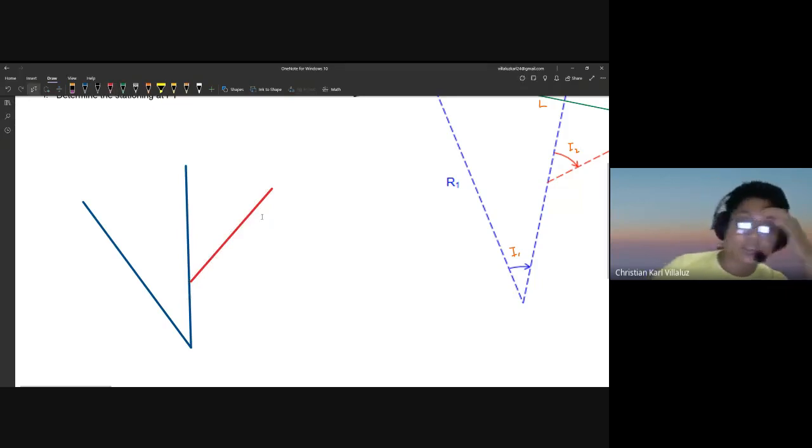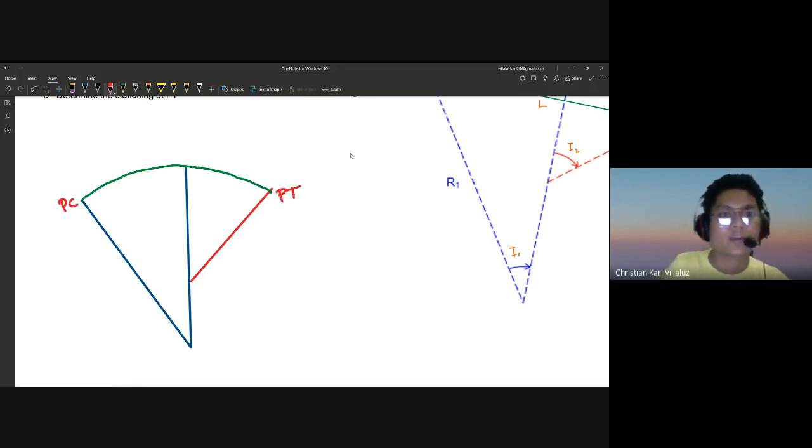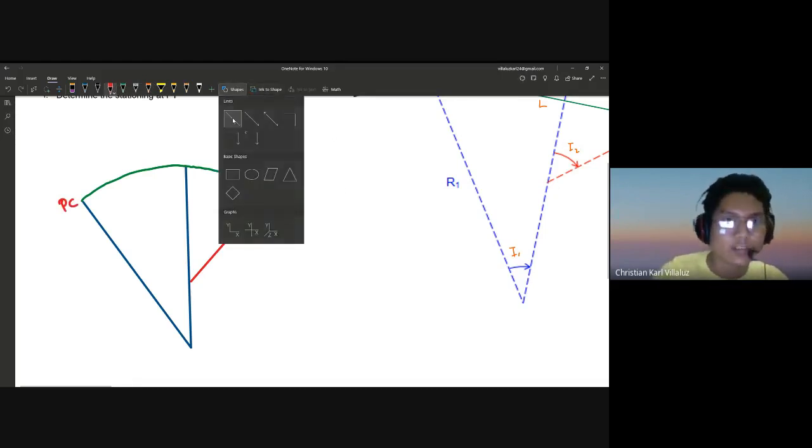Then, tsaka kayo mag-drawing ng curve. Say, green. Yan. So, yan. Pwede na yan. So, ito yung PC, PT. Then, drawing na natin yung mga tangents.